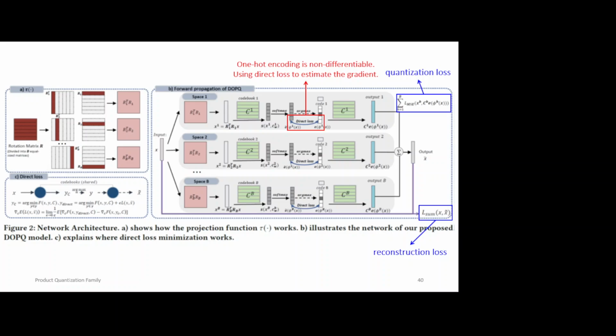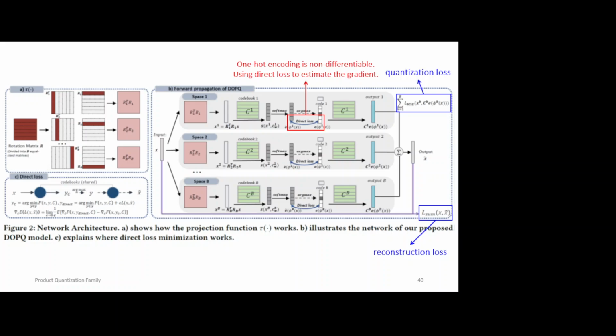So you will find you belong to this cluster. Only this cluster is set to 1. All the other clusters are set to 0. Okay, so this is the process mentioned here. Then when you are going to do reconstruction, you just look up your codebook to reconstruct it.